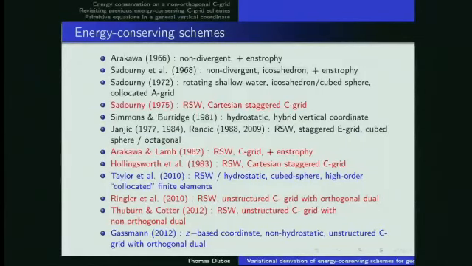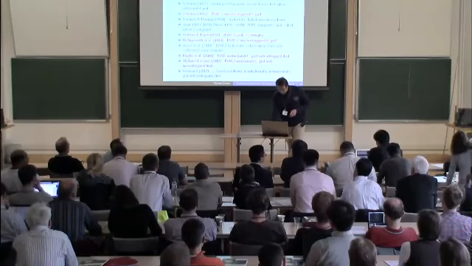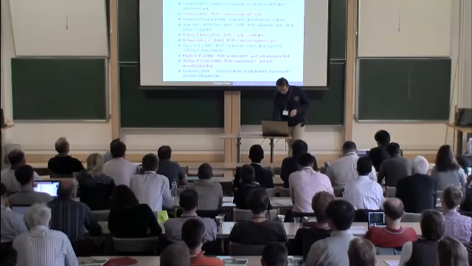I will not handle all of this. First, I will focus on energy conservation on the C-grid in rotating shallow water equations, and I'll talk about all that work and find a common pattern. In the second part, I address the three-dimensional flow and how to get conservation of energy there.